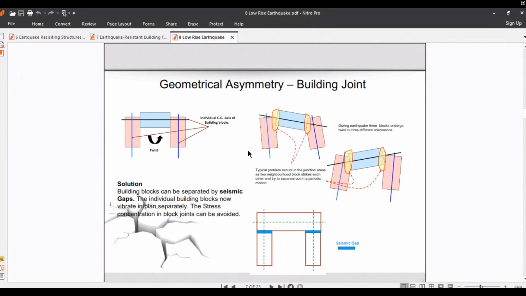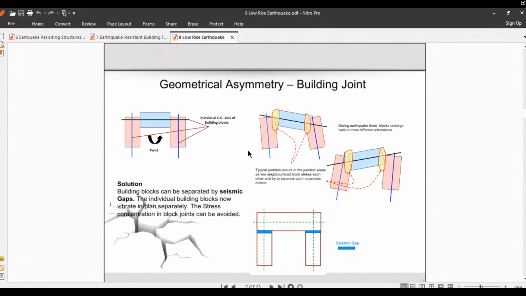For example, you can see the individual building blocks now vibrate in the plan separately. The stress concentrations in block joints can be avoided.